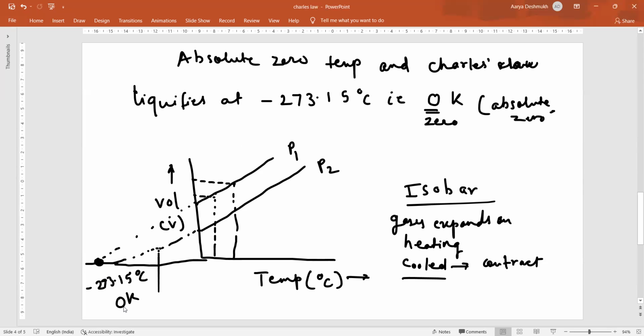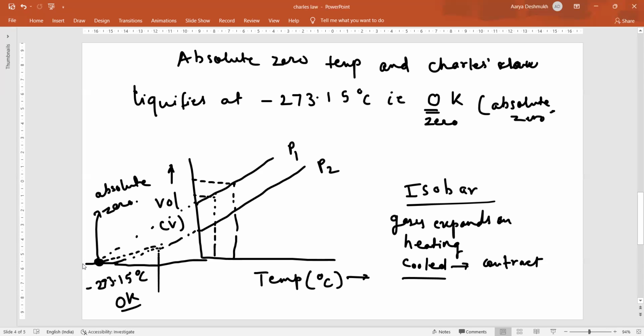At this particular temperature, all the gases get liquefied, and this is called the absolute zero. As I told earlier, this is the lowest temperature that can be imagined, but it cannot be practically attained. So this is all about Charles law.